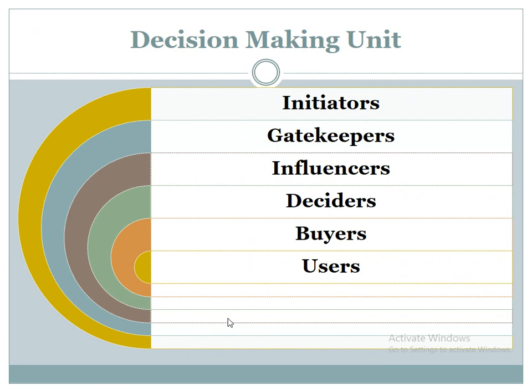The initiators might be the individual or individuals in the buying firm, often users of a product or service, who play the role of the initiator. So they are taking the initiative of purchasing. Generally they are users, and typically they want a new product. Suppose I'm working on a machinery, and I think that the machinery or the tools are getting old, and I'm frequently using them.